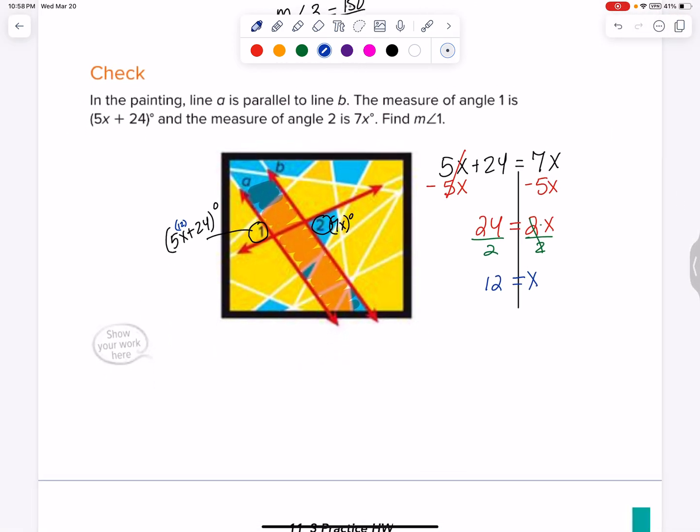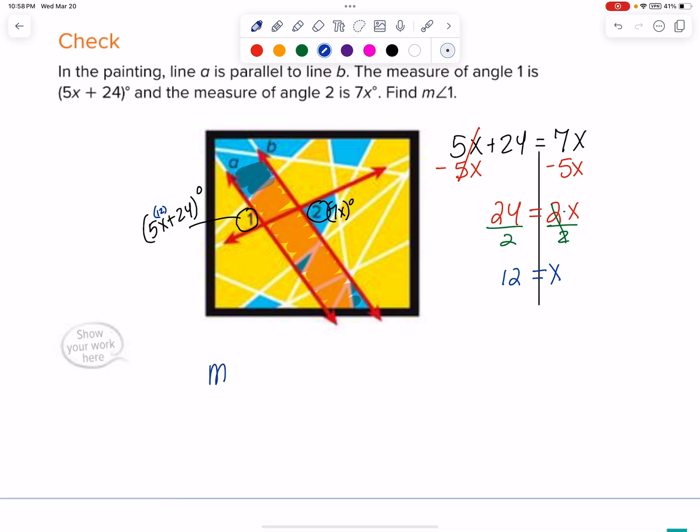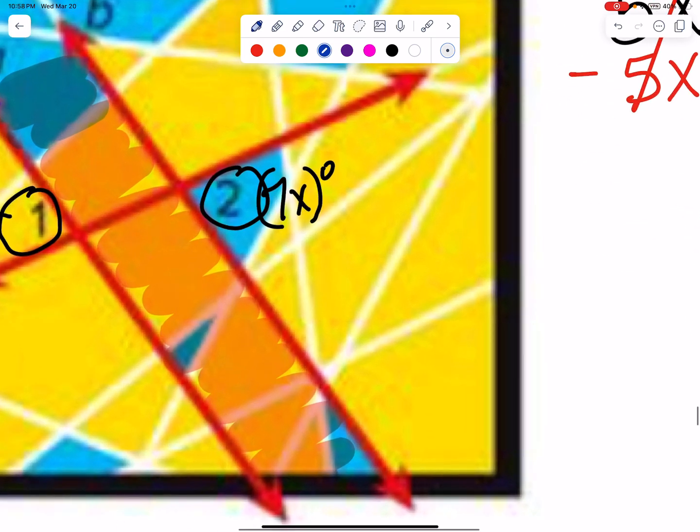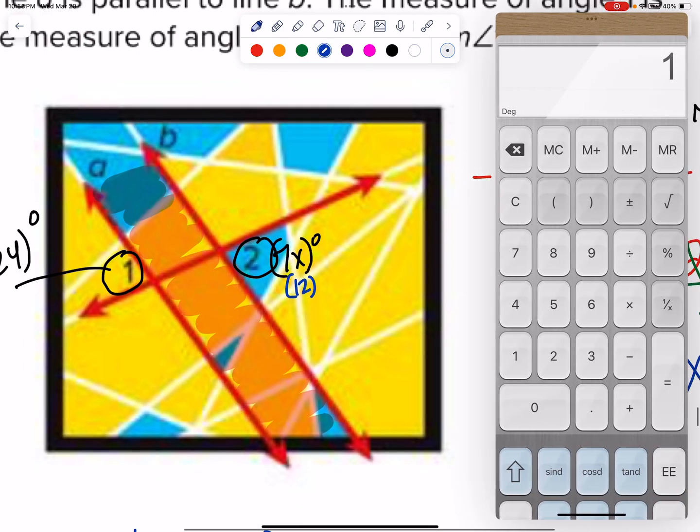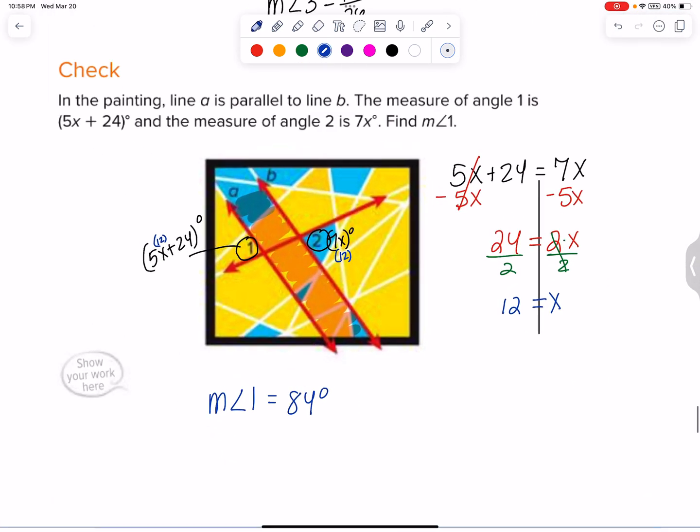So what is the measure of angle 1? The measure of angle 1 equals 84 degrees. And to make sure that's true, angle 2 should be 84 as well. Again, 12 times 7, there you go, 84. And so it checks out.